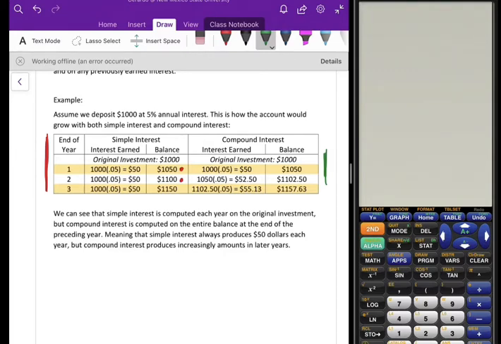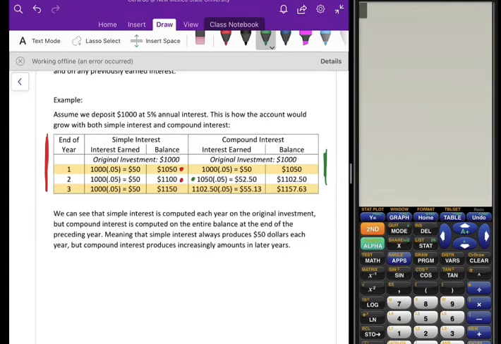However, the difference comes into the next time. The next time we process this, we don't start at 1,000. We start at 1,050, which was what we have previously, not initially. So 1,050 times 0.05 is 52.50. So now we're going to go 1,050 plus 52.50, which is 1,102.50.